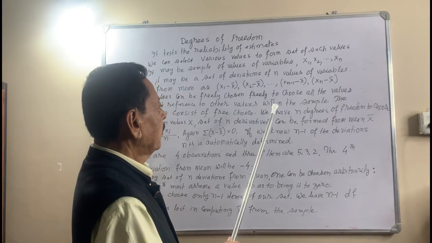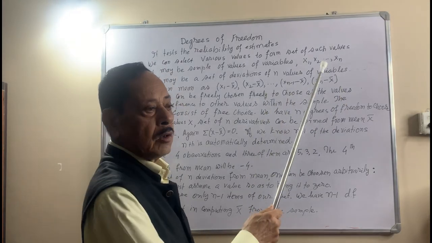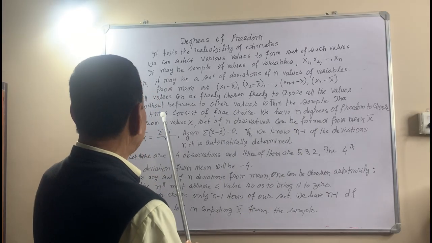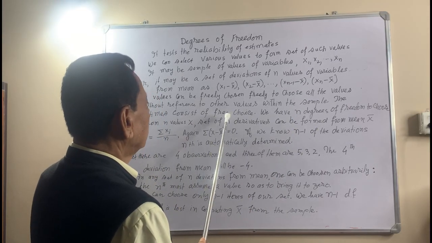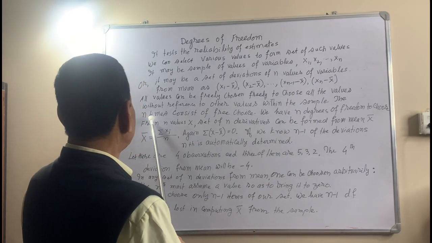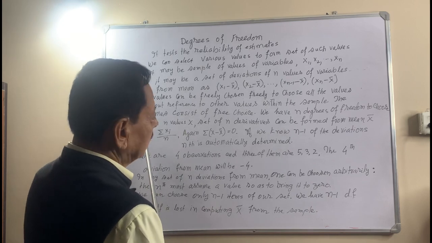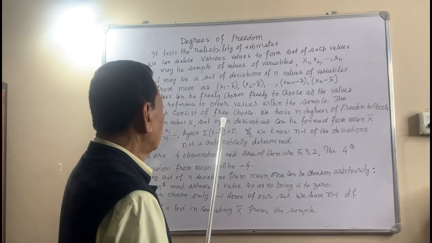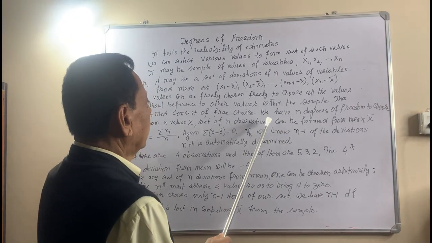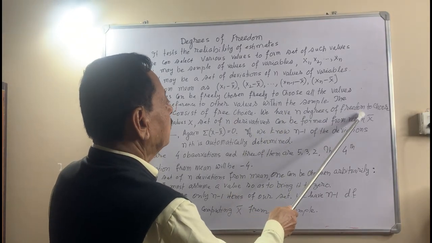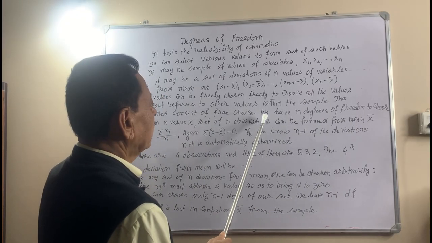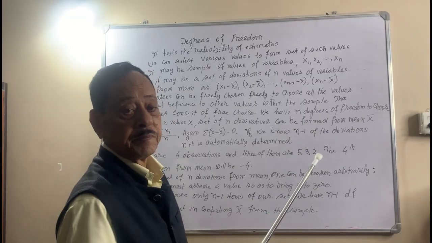So there is free choice of all the values. Then n times, the number of observations, consists of free choice. So if we have n observations, we have free choice in all n. There is no restriction, so we have n degrees of freedom.